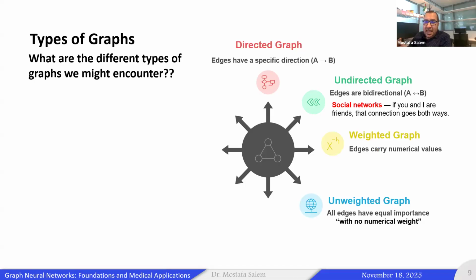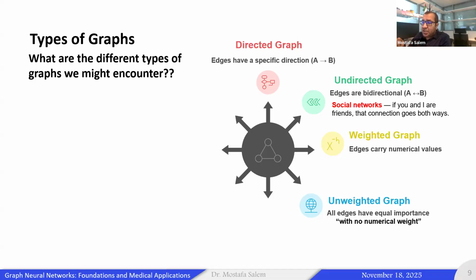So weighted means I have a specific weight for each edge. So if I have an edge, I can add a weight to this edge, and we call this graph weighted graph. If the edges don't have any weights, we call this unweighted graph. We have examples, like the chemical bond, or if I want to represent the traffic lights in Dubai, for example.